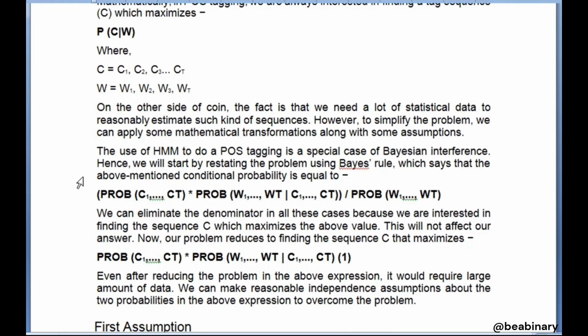However, to simplify the problem we can apply some mathematical transformation with some assumptions.